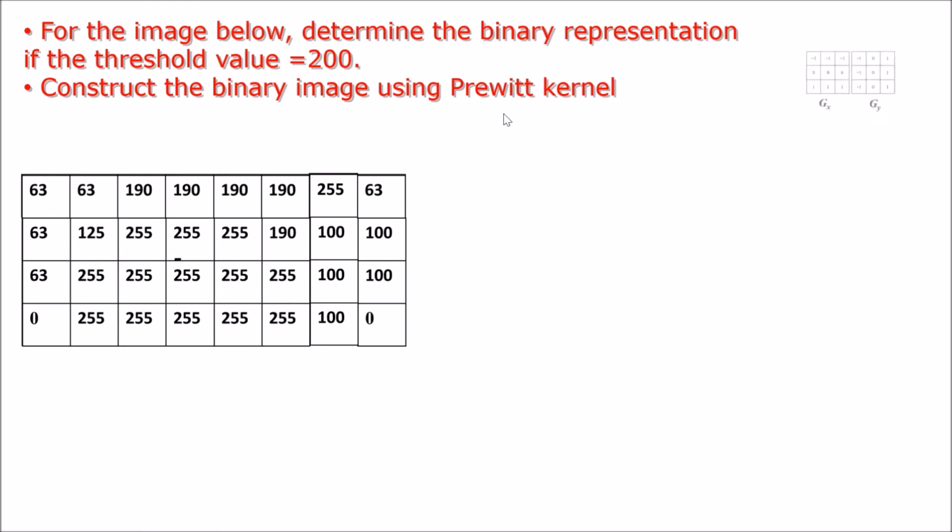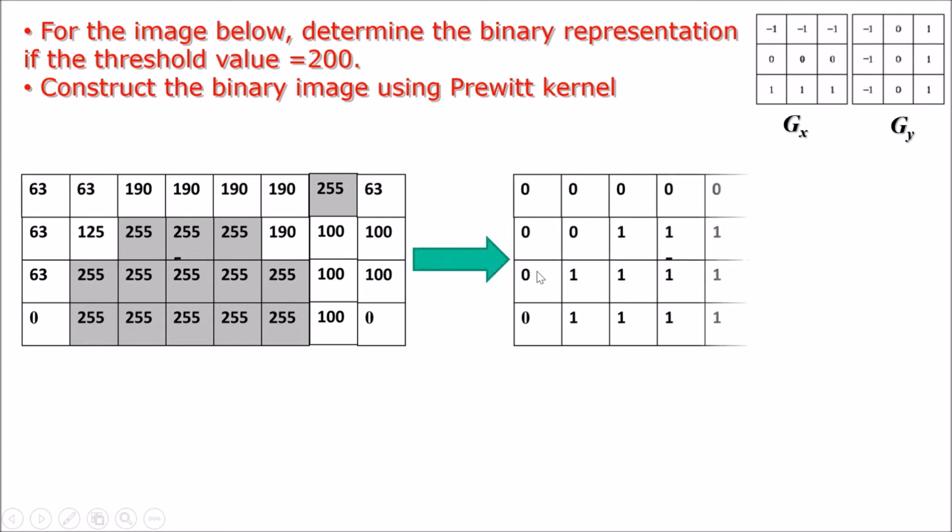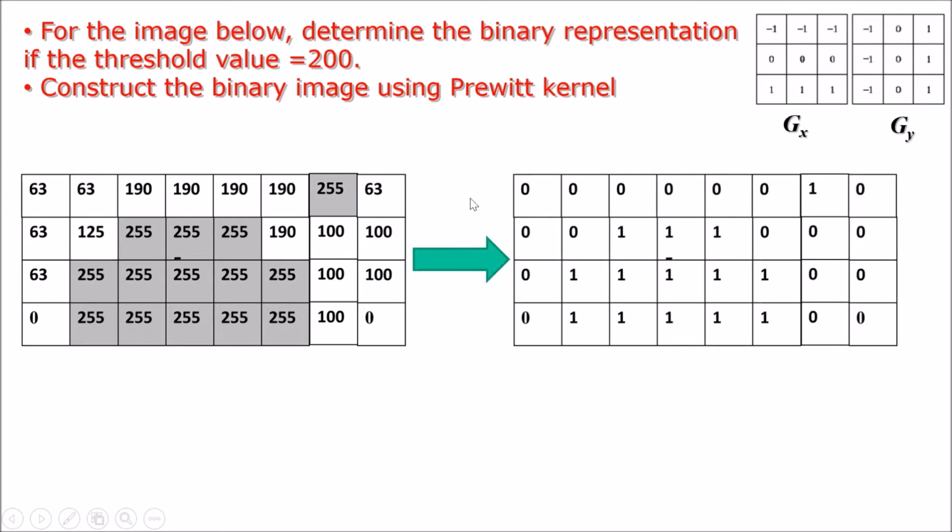So let's execute the first task, in which for this case your kernel will use this type of operator, gx and gy. For the first process, since the threshold value is equal to 300, the binary image for this representation is something like this, in which the foreground is labeled as 1 and the rest is background, labeled as 0.